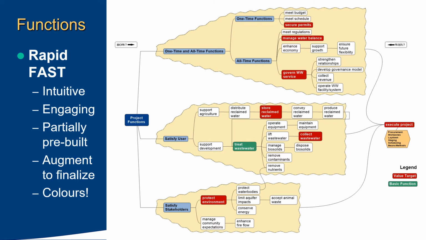If you can get away with that, that's great. But in most cases, I've found that the teams are just ready to move and they need to move. A lot of the time, what I do is use a rapid FAST diagram, FAST standing for Function Analysis System Technique. How I do that is I partially pre-build or even co-opt FAST diagrams from other similar projects. So for instance, a wastewater treatment plant is a wastewater treatment plant is a wastewater treatment plant.